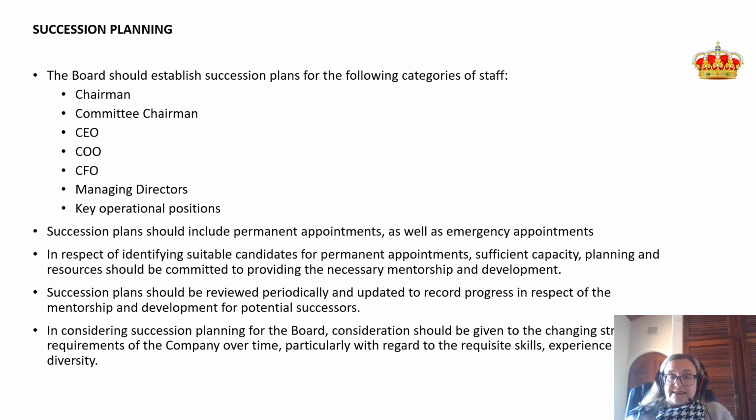In considering the succession plan, the board also needs to consider how the strategy might change over time, and therefore, if there is a change in skills or experience and diversity that might be required. So, you might have a company which is predominantly focused in a certain area of business, say in telecommunications, but you might have noticed that a lot of telecommunications companies are now branching out into what is called fintech, which is financial technology.